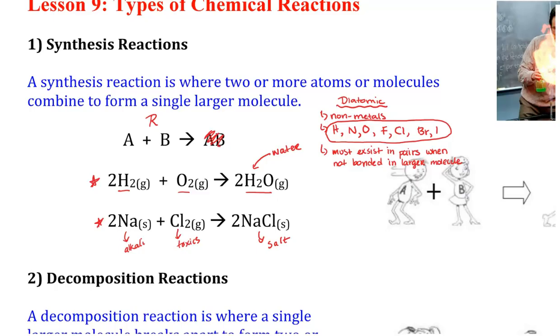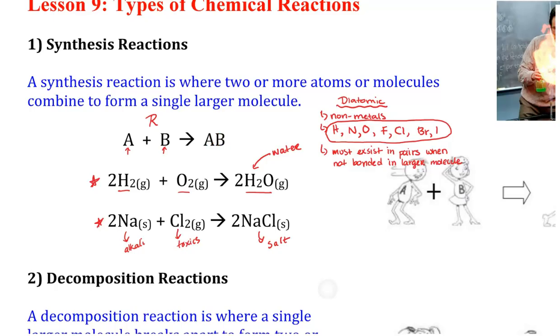A and B are just variables. So two different types of reactants that are coming together to form something, and also that these different reactants are going to be simple elements. Whether that is a metal or a non-metal, they're going to be coming together and joining. And we'll talk about how they join together and how you actually predict the product in a second.